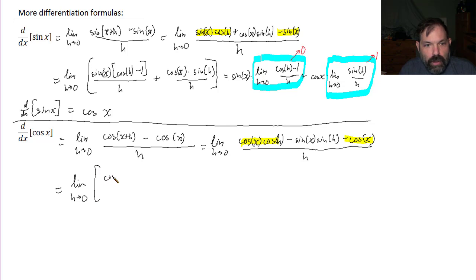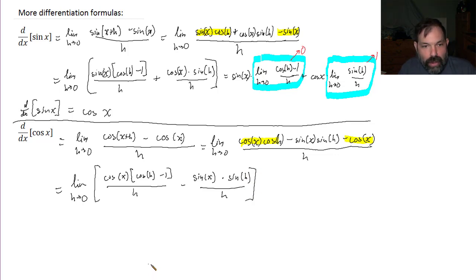So that's the limit with h approaching 0 of cosine x times cosine h minus 1 over h, minus sine x times sine h over h.